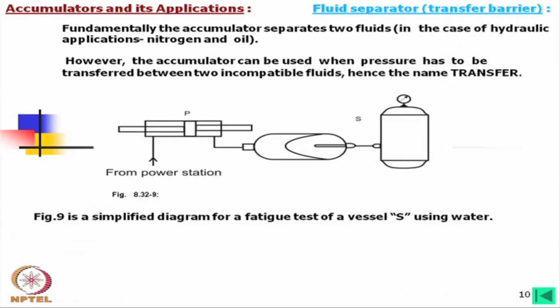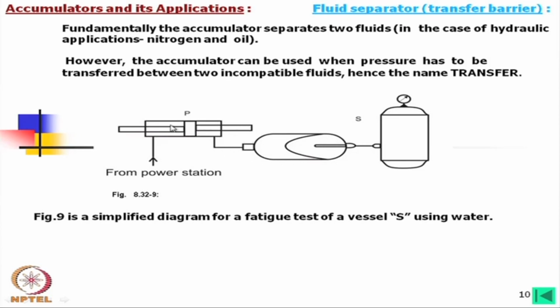Now, this is a very simple system that is shown. Suppose we consider figure 9, a simplified diagram for a fatigue test of a vessel using water. We are doing fatigue testing of this cylinder, and here we are creating this pressure by the oil, but inside there is water, and this is separated by an accumulator.